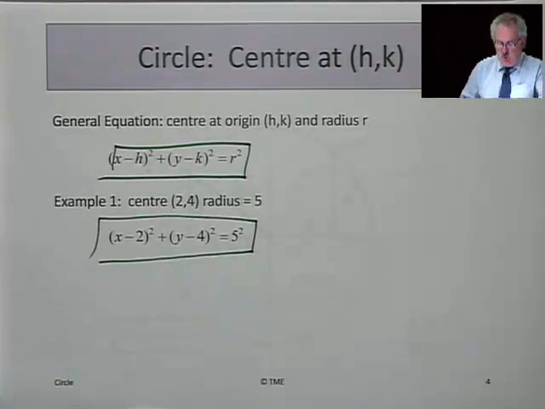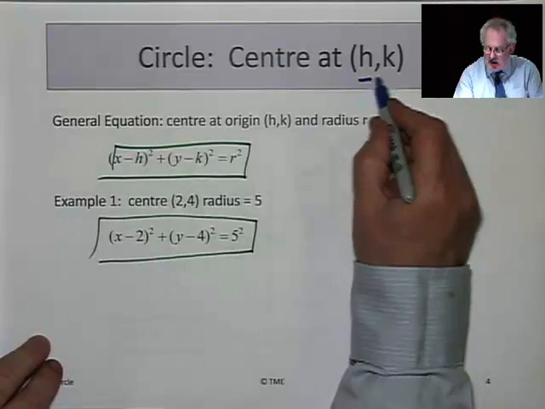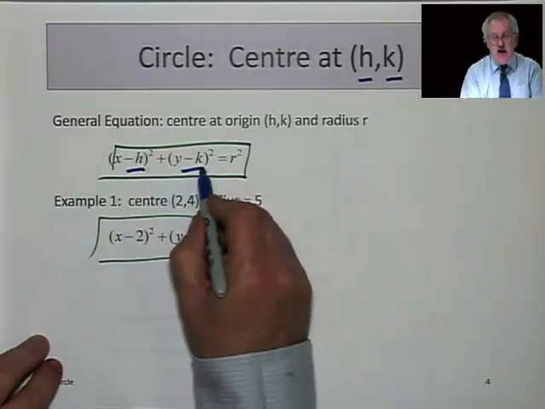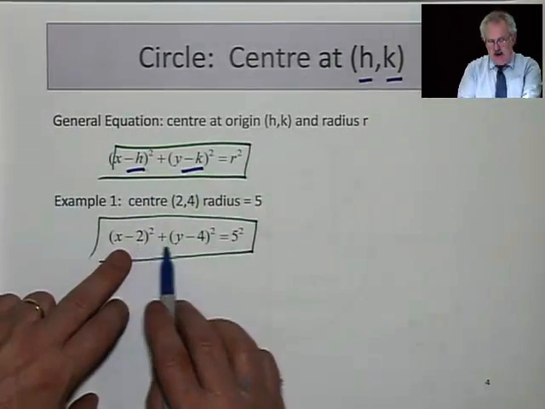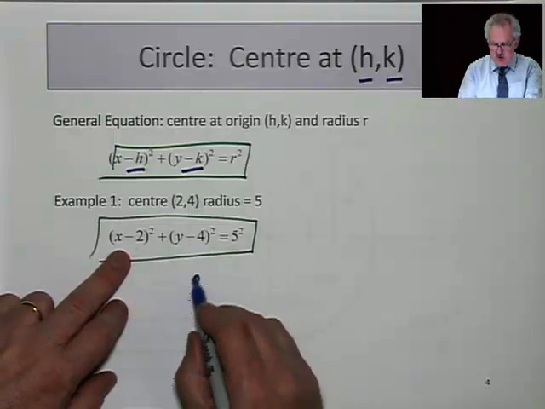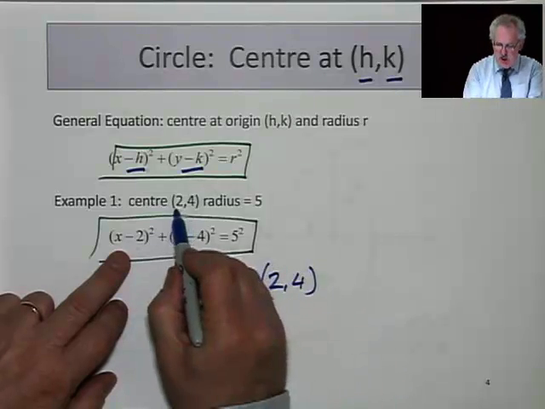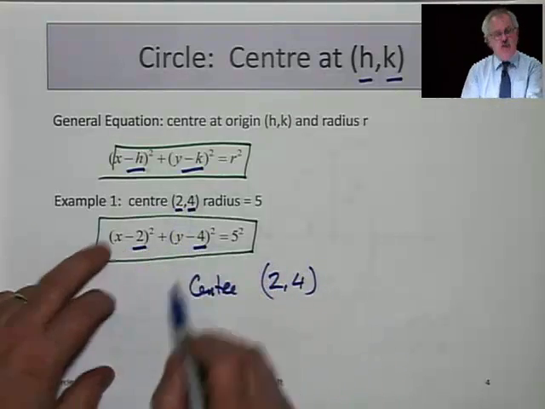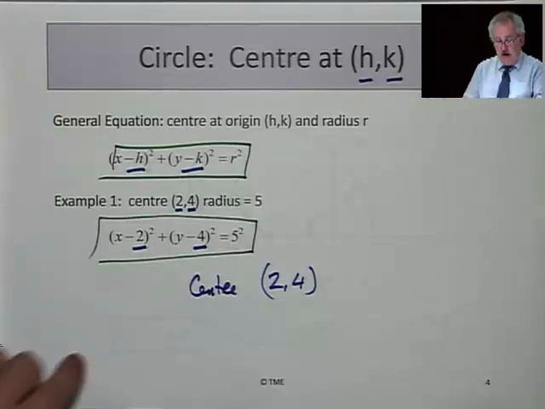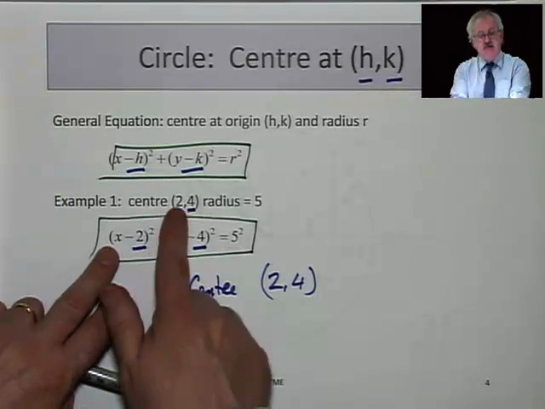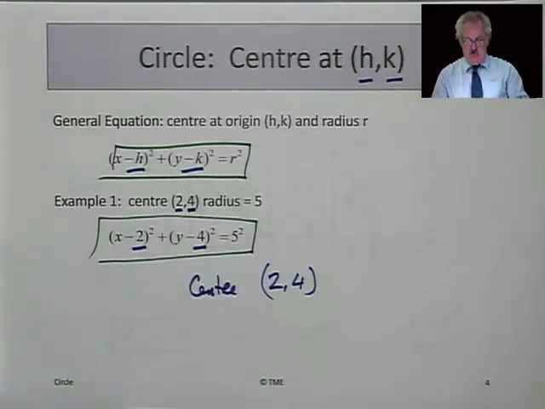And that's a giveaway. The center is at (h, k), so with a minus 2 and a minus 4, the center here is at 2, 4. Had it been x plus 2 here, the center would have been at x equals minus 2.